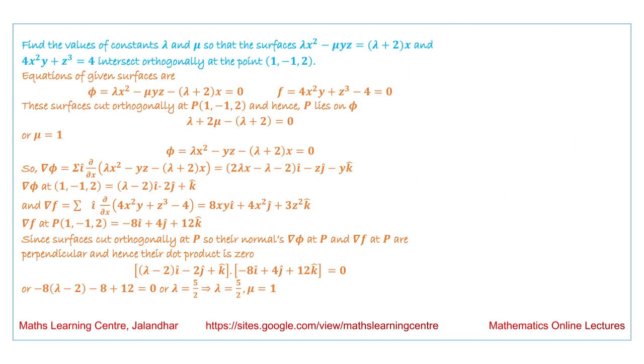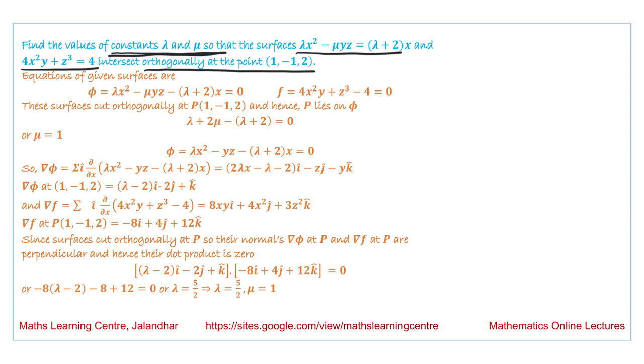Next is: find the values of the constants lambda and mu so that these two surfaces intersect orthogonally at the point (1, -1, 2). These two surfaces intersect orthogonally, which means the angle between them is 90 degrees. So the cos of 90 we know is equal to 0.